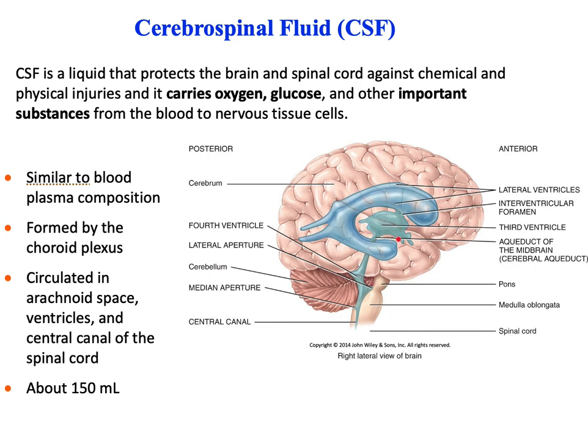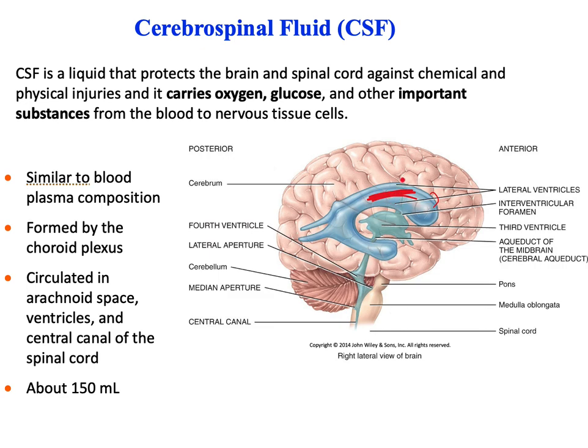So this is a slide about the cerebrospinal fluid. Again, just briefly, the cerebrospinal fluid not just protects the brain, as I mentioned earlier at the first of the slides, but it also carries oxygen, CO2, glucose, important substances to the brain. It's produced in the ventricles through a network of capillaries called choroid plexus.